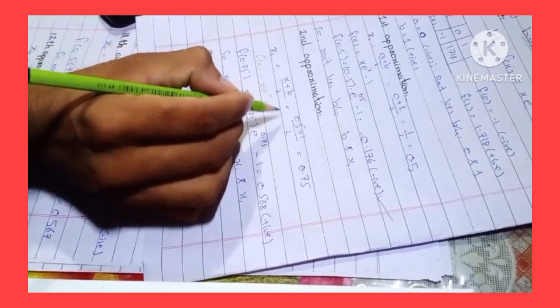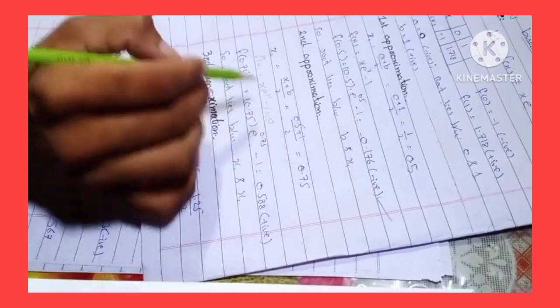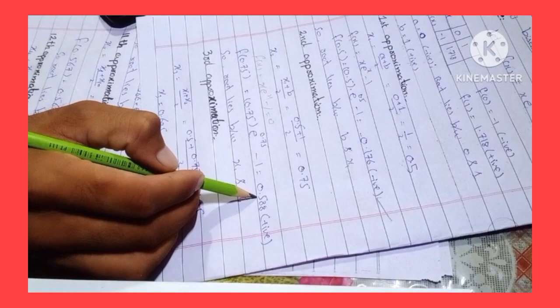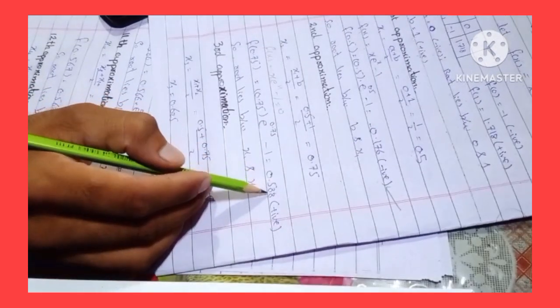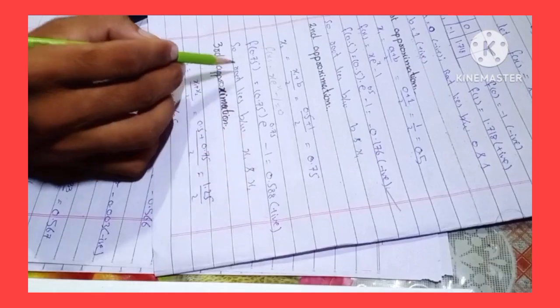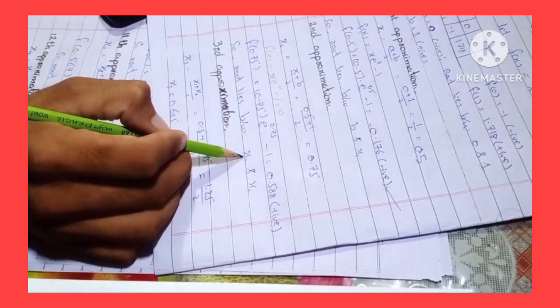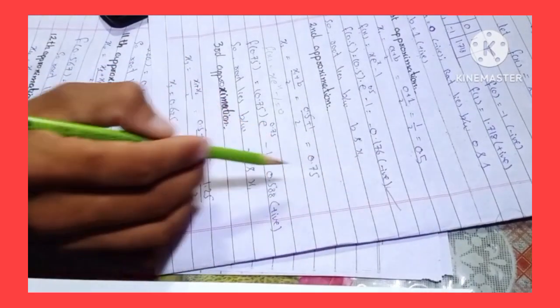This value of x is put into the equation f(x) = x e^x - 1 and we find 0.588 using the calculator. Its value is positive.